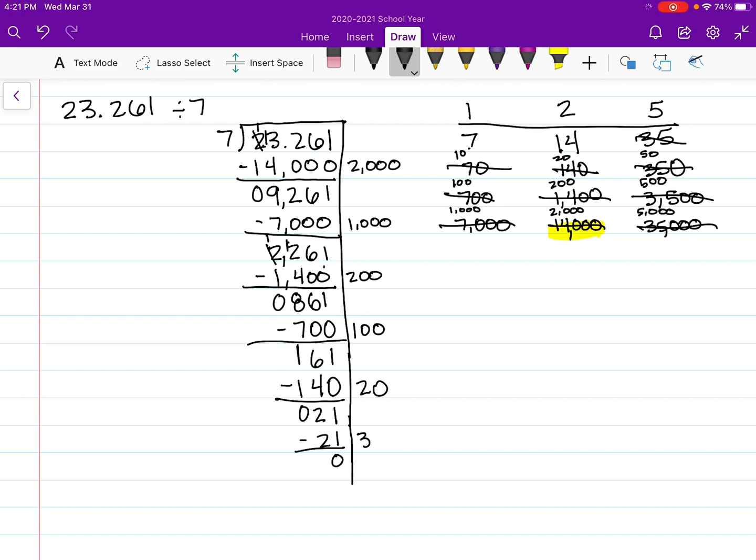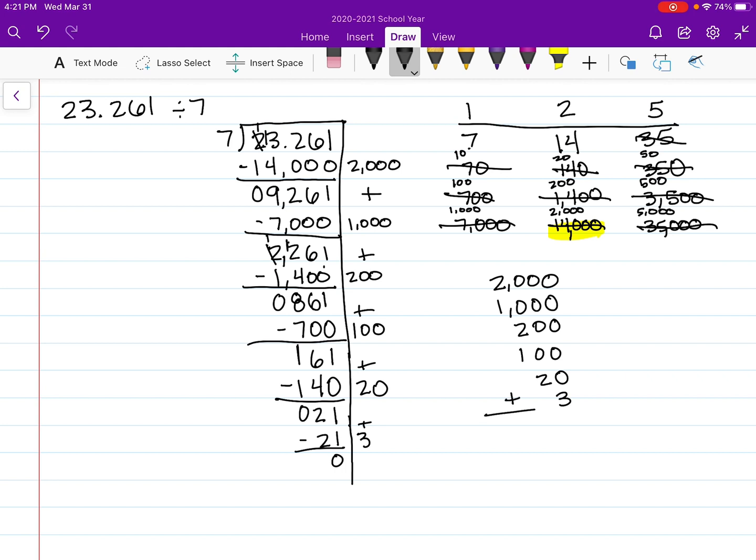Now I'm going to add up all of the number of groups I've taken away. So I have 2,000 plus 1,000. You'll see I'm rewriting this off to the side. The reason I'm doing that is so that I can make sure my place values are all lined up. When we're adding, remember it's important to line up the place values.